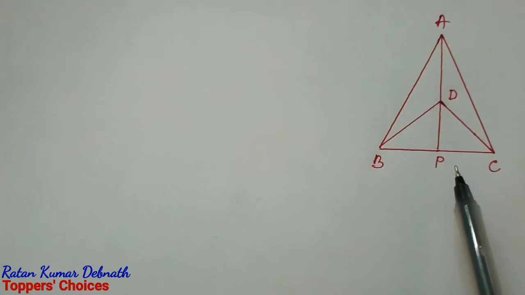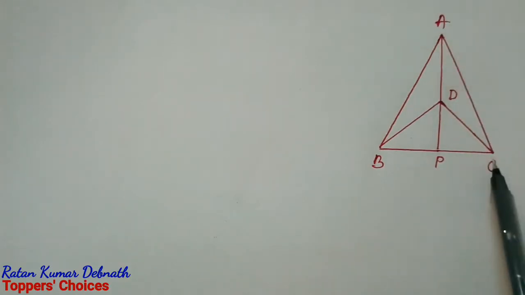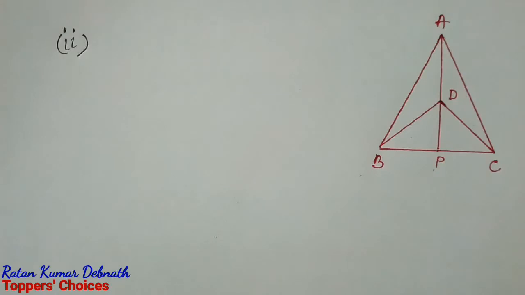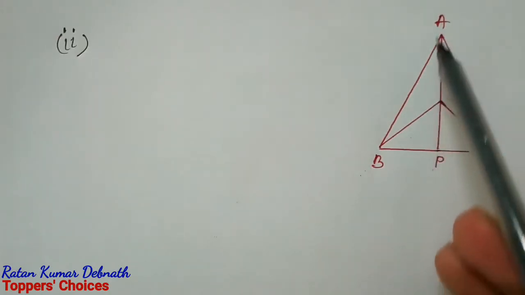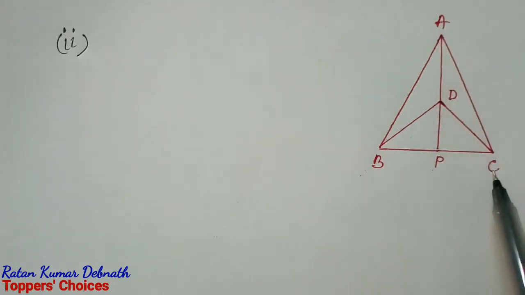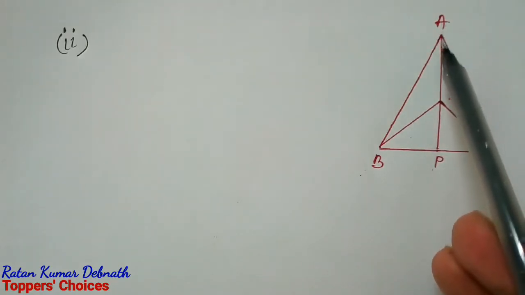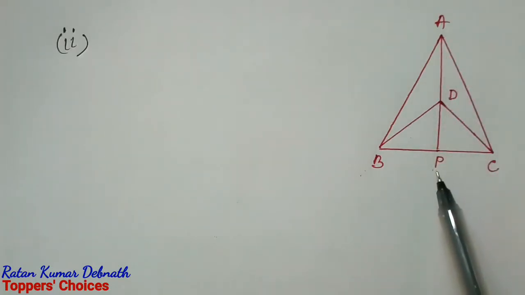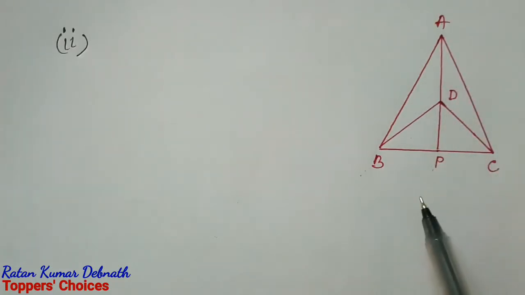Next, we have to prove triangle ABP congruent to triangle ACP. For proving this, we need three criteria. We already have two criteria, that is, in triangle ABP and ACP, AB equals to AC and AP equals to AP, that is common side of both the triangles. Another criteria is required. Let's find it.